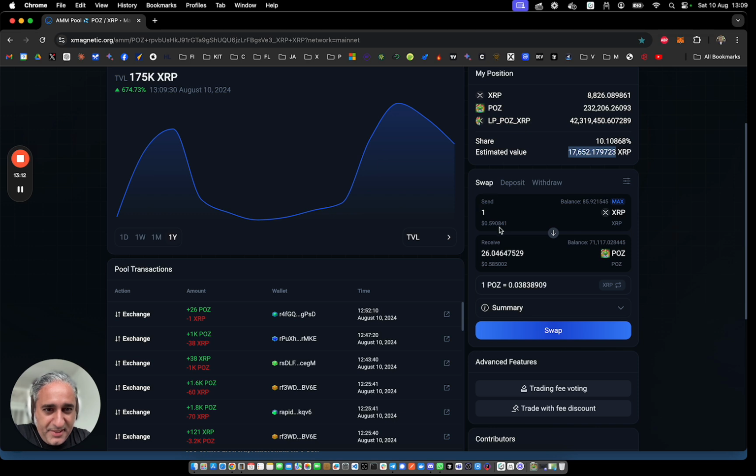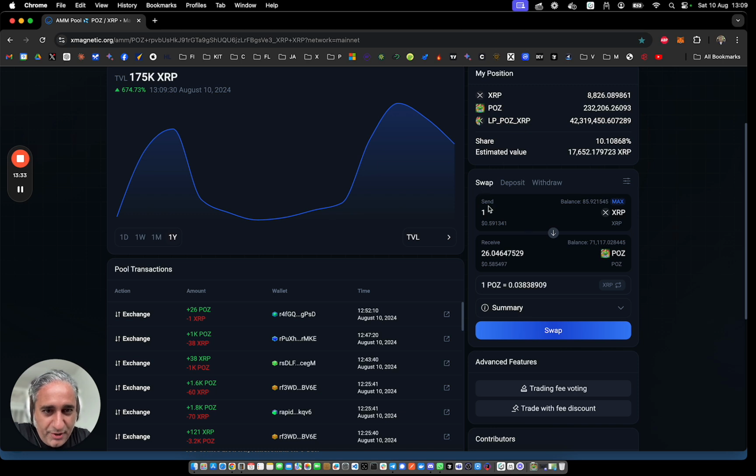In the send box here, you can see the current balance of XRP. It shows this is the XRP position. You can click max, and it conveniently sets that number to the maximum amount that you want to swap, and it shows you the dollar value of the swap.